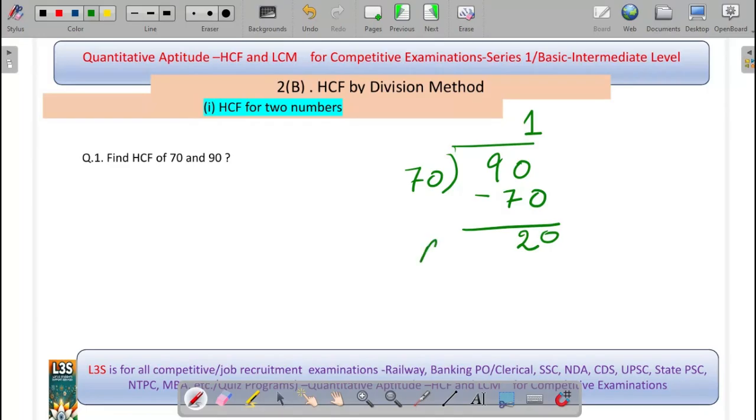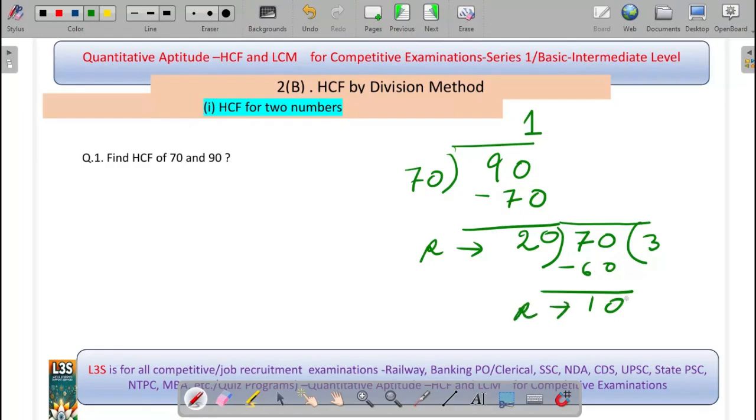So the remainder will be 20. Then we have to divide 70 by 20. 20 into 3 is 60.